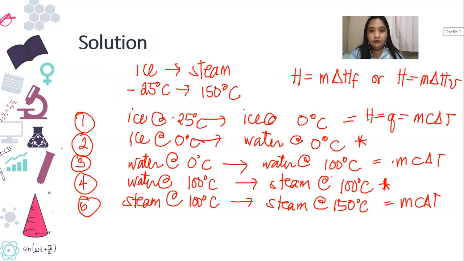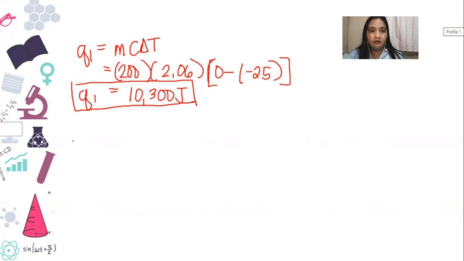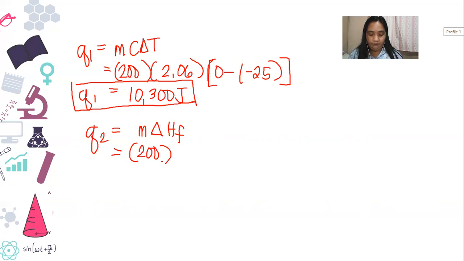Okay, the next one is Q2. For Q2, it's a phase change part, ice to water. So it's M delta HF. We said that solid to liquid uses fusion. So the mass is 200 grams times delta HF, or the heat of fusion of water, which is 334.